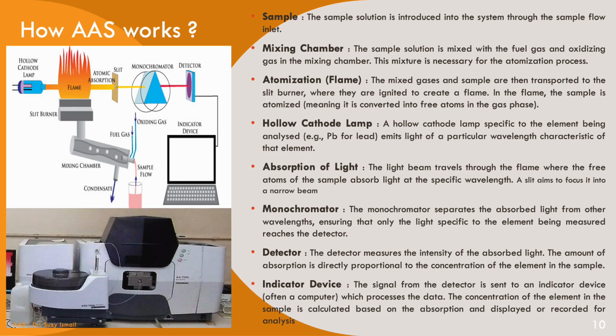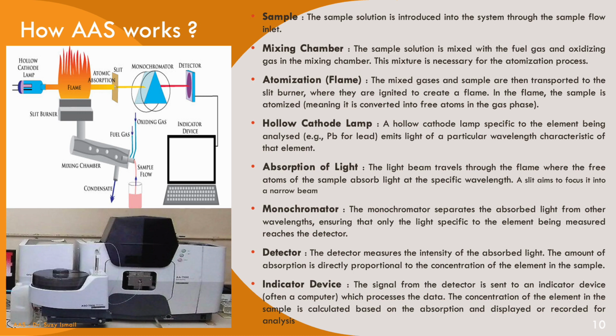This hollow cathode lamp will emit light of a particular wavelength characteristic of that element. That's why they know what light to emit. If you choose the wrong cathode lamp, your sample may not absorb the light. That's why you have to choose the best lamp for the element to be tested.